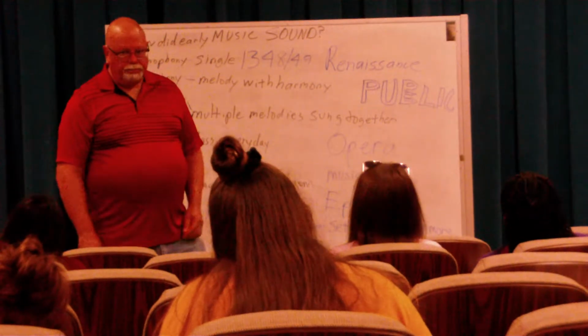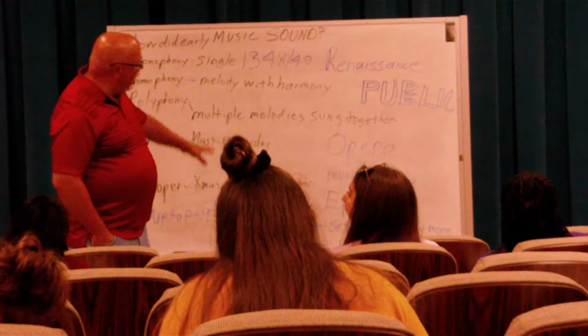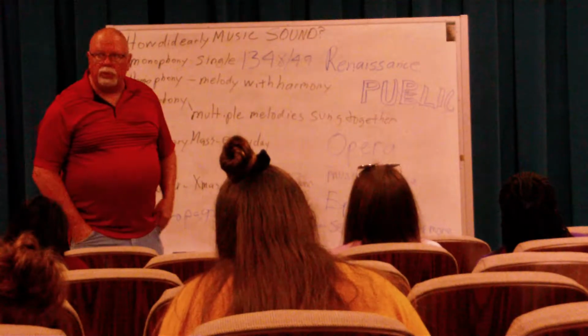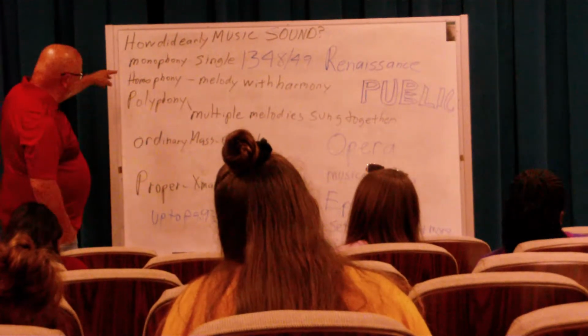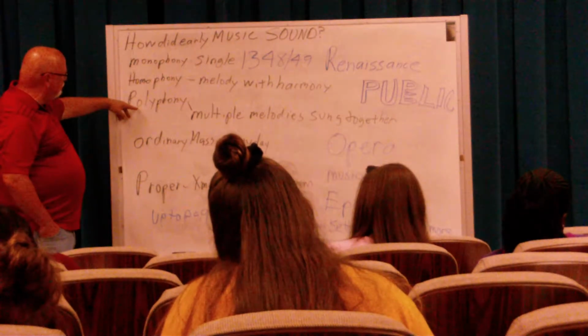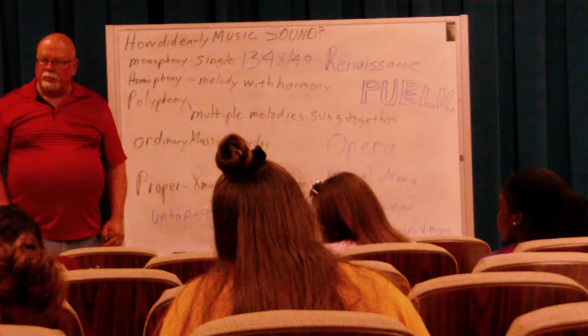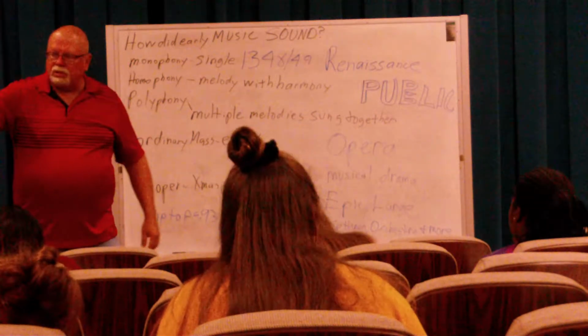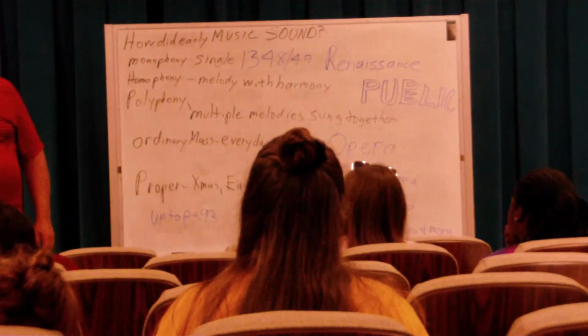On Monday, we will have the review. The way it works, I will fill that board up with topics. Topic example, in other words, monophony, homophony, polyphony, those will be up there. And then I'm going to say, Haven, what does monophonic mean? And Haven's going to do one of two things.